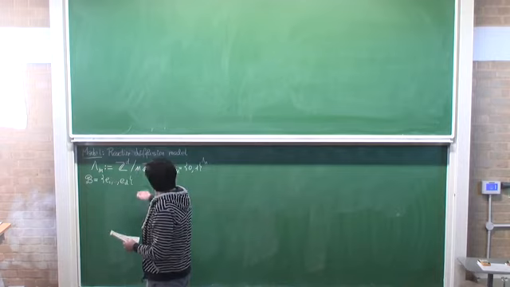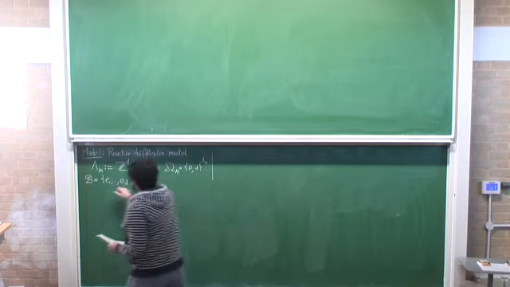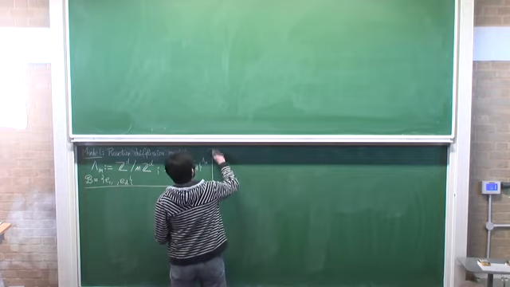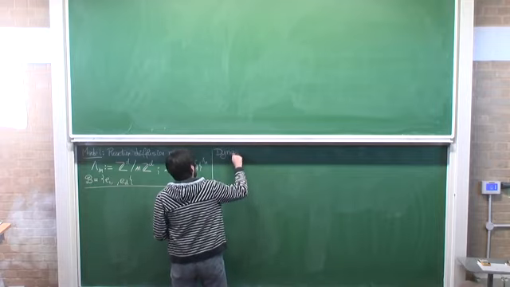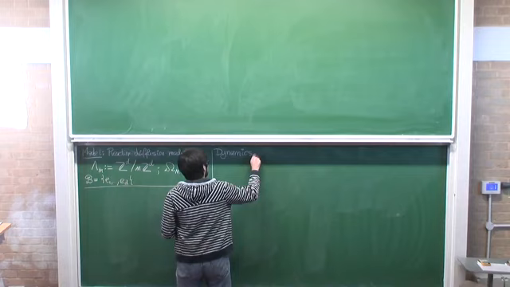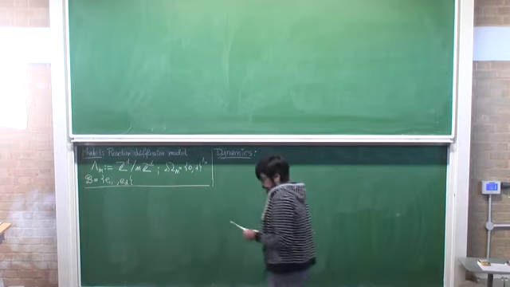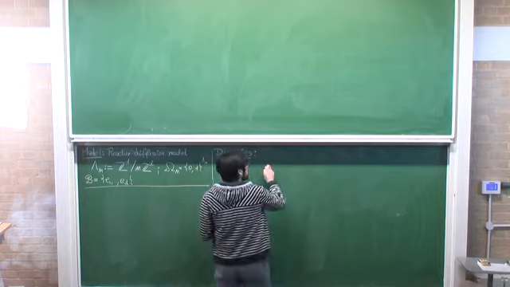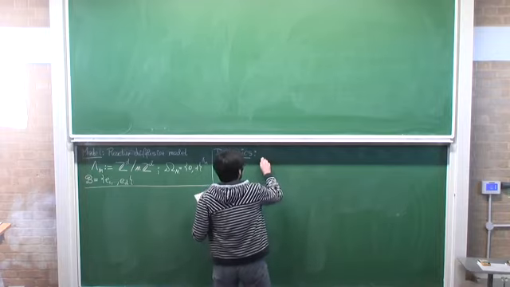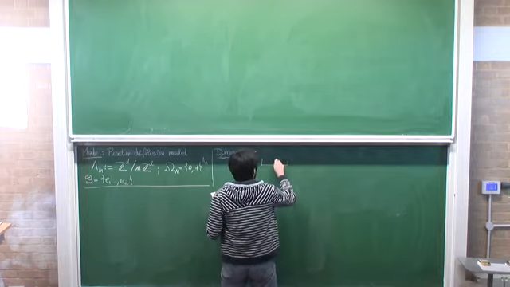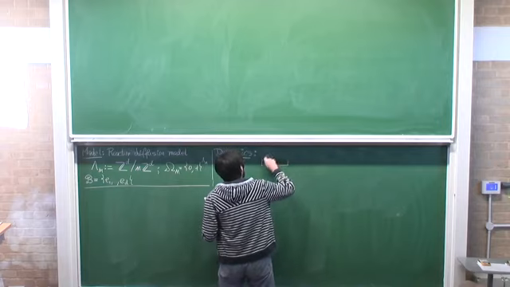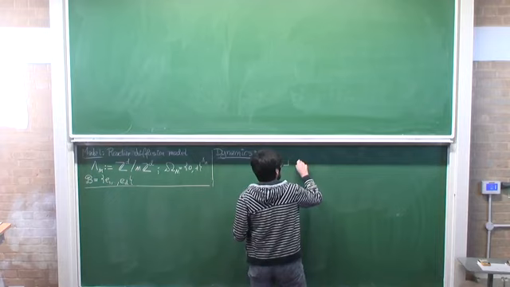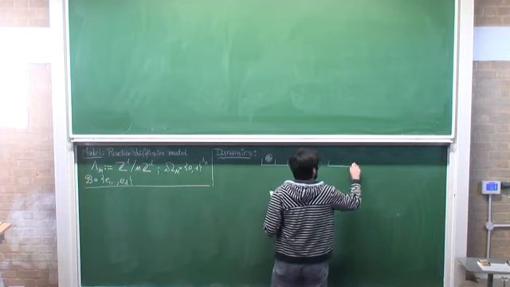So now let's talk about the dynamics. Actually, it's easier to just explain the dynamics in words, or in drawings. So let me draw the dynamics instead of making more formal definitions.